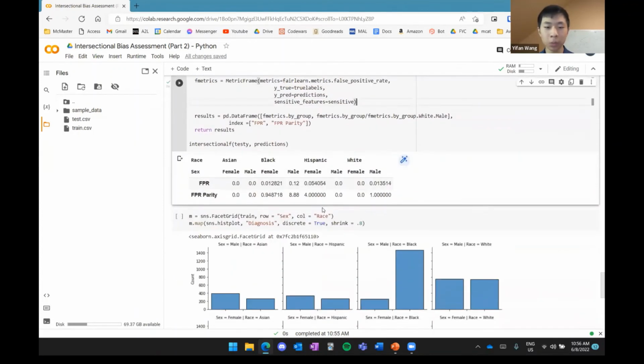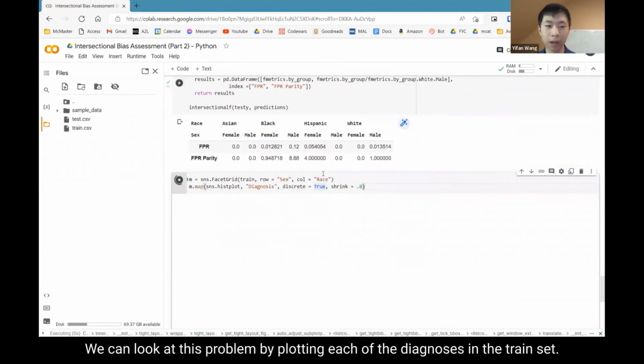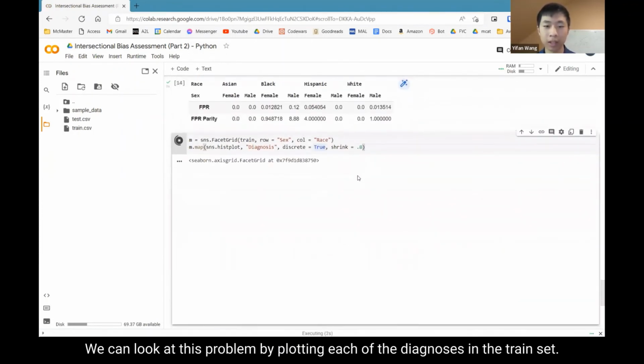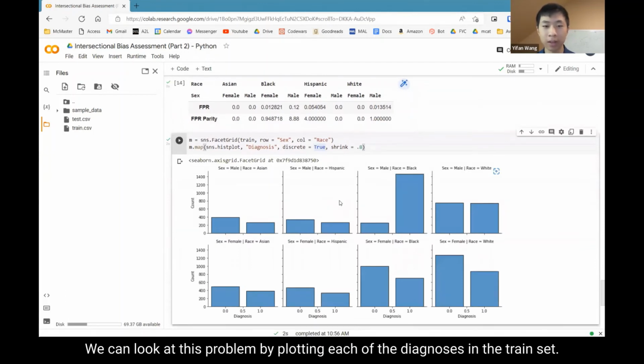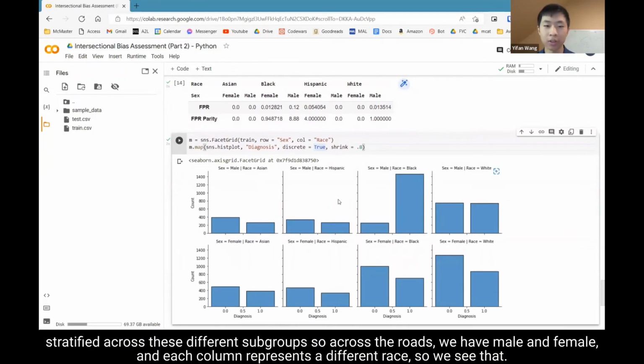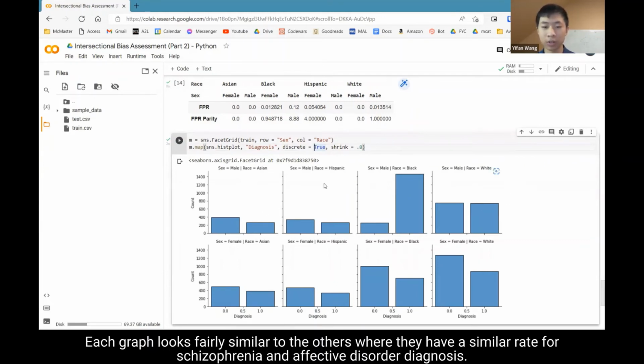So we can look at this problem by plotting each of the diagnoses in the train set stratified across these different subgroups. So across the rows, we have male and female, and each column represents a different race. So we see that each graph looks fairly similar to the others, where they have a similar rate for schizophrenia and affective disorder diagnosis.